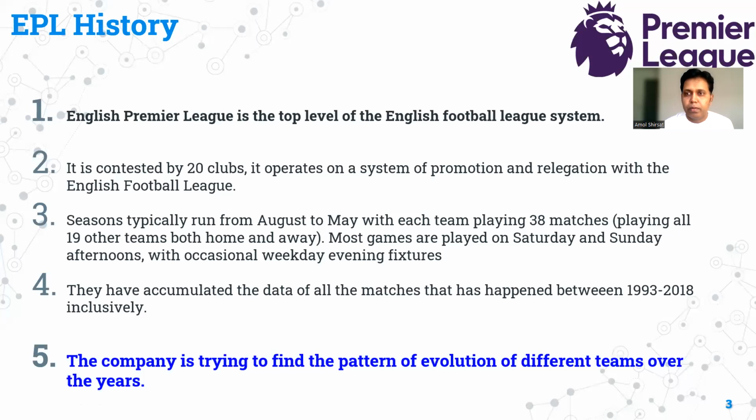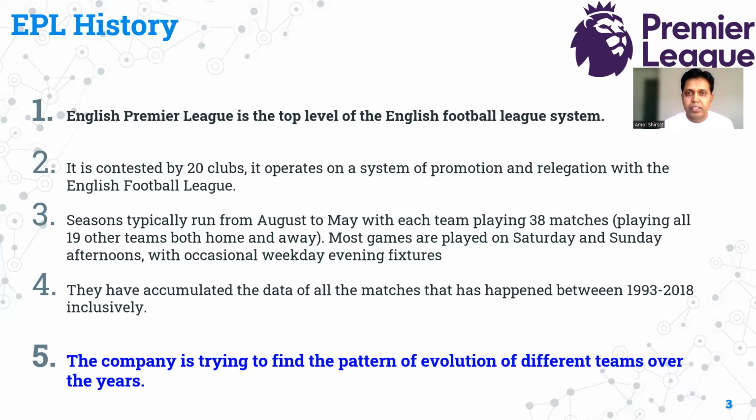So EPL is a very famous, popular league in the UK, played by 20 clubs in a year, which starts in the month of August and ends in the month of May of the next year. There are overall 20 teams, so 38 matches against 19 opponents, out of which 19 are played at the home ground, while 19 matches are played at the home ground of the opponent.